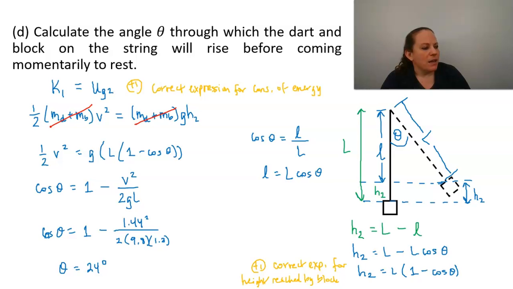And my third point is going to be for substituting the speed from part C into a correct conservation of energy equation. I'm going to abbreviate that COE for conservation of energy.